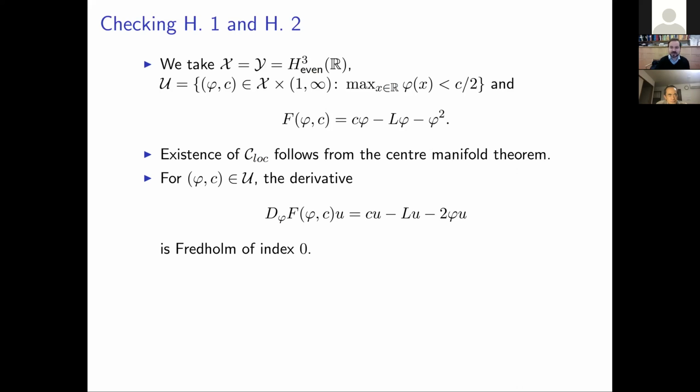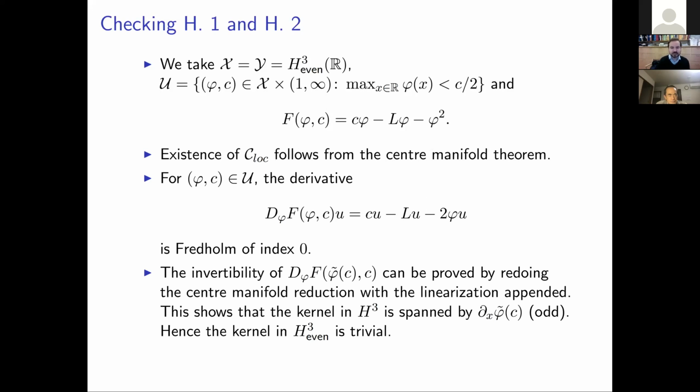But that was because I was working in a different function space, this exponentially weighted function space. If we work with regular Sobolev spaces, then the index is 0. And this is also assuming that C is strictly greater than 1. That's another thing which is important.